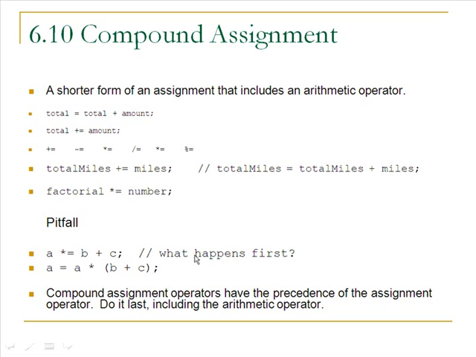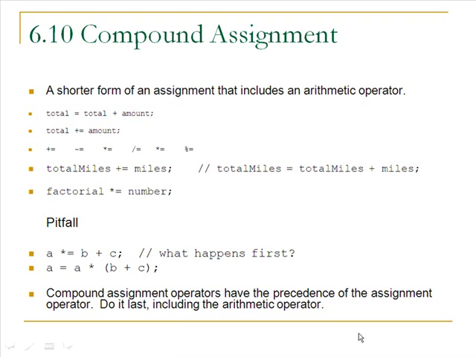And there's not too much tricky about these. The only one that I can think of is when you have a multiplicative compound assignment and an additive operator on the right-hand side. Which happens first, the addition or the multiply? Well, the compound assignment operator has the same precedence as the assignment. That means the lowest possible precedence. So it's going to happen last.